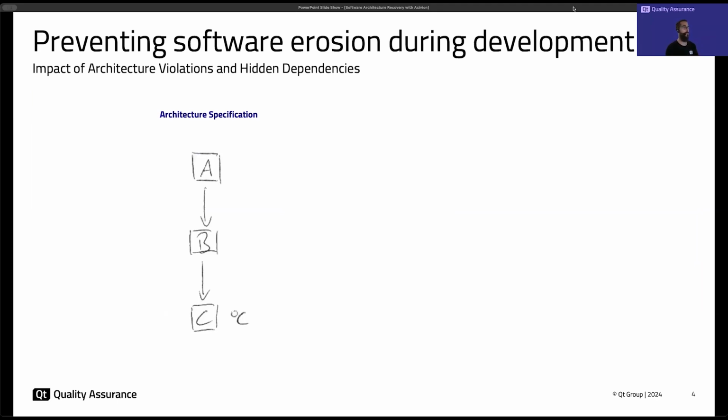Here is a simple example system where A is some user interface. You could think of your car dashboard that is supposed to display the temperature. Or maybe it's supposed to display a little snowflake once the temperature is too low. It's summer now, but I'm pretty sure you can imagine.